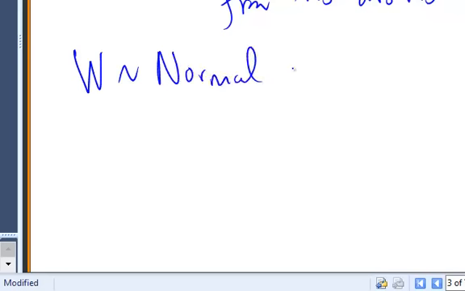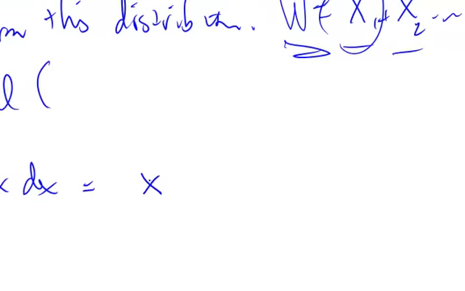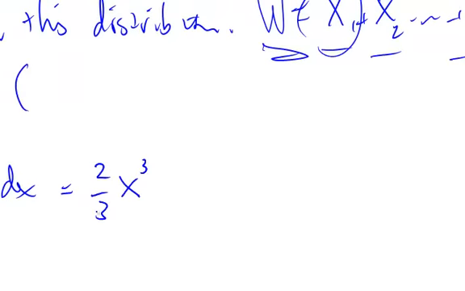I know that W will be normal. I've added 20 of these together. The new mean should be the mean plus the mean plus the mean plus the mean. So what's the mean of one of these? Mu is equal to the integral of 2x times x dx from 0 to 1. That's the definition of mu. So this is 2x squared, which integrates to 2x cubed over 3, from 0 to 1, so this is 2/3.